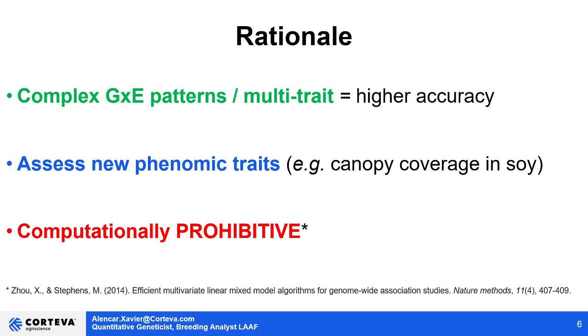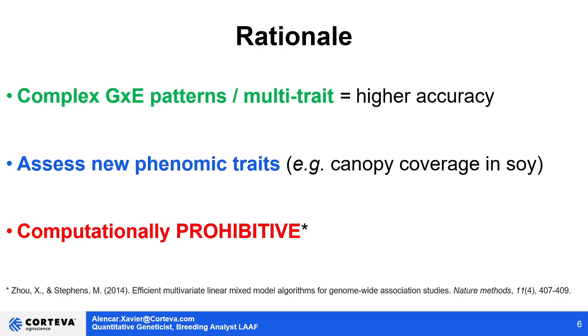However, it's very nice to know that even though multiple trait models, multivariate models, and multi-location models can be very beneficial from the theoretical standpoint, we also know those are computationally prohibitive. Why?